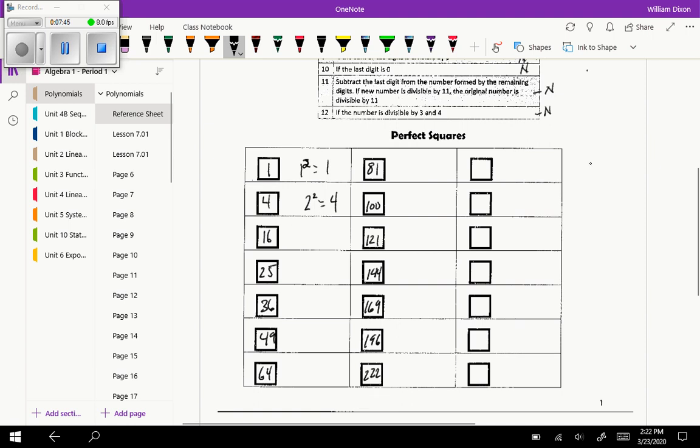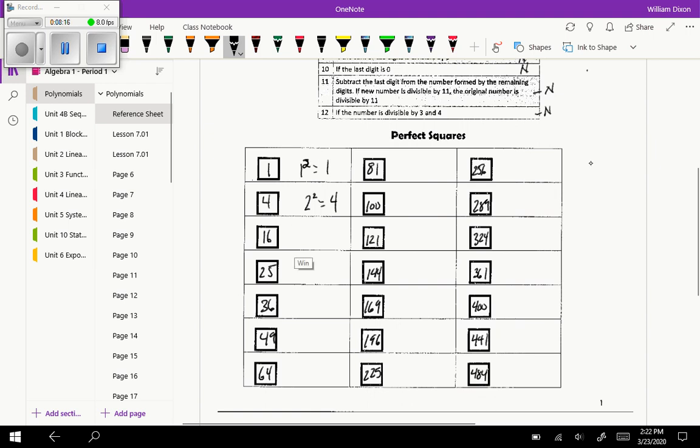Oops, that's a 5. 256, 289, 324. Now we're getting a little crazy here. 361, but that's okay. 400, 441. Can anyone tell me that one? Huh? And then 484.